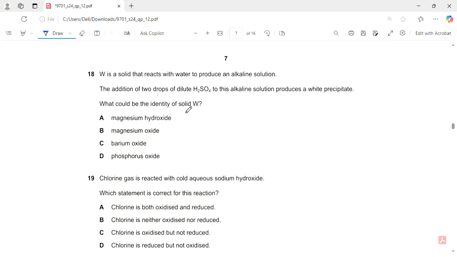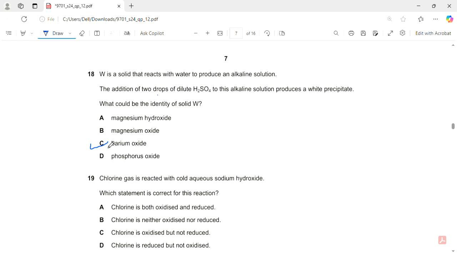Magnesium hydroxide, magnesium oxide, phosphorus oxide. Solid W gives a white precipitate, so it's likely to be barium oxide. C is the answer. Yes.